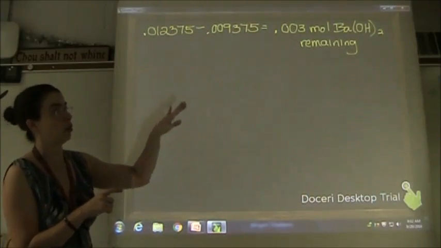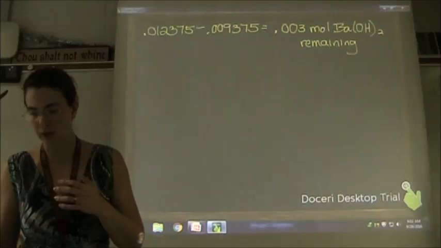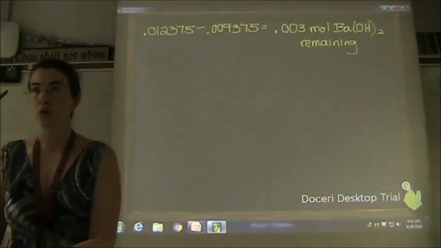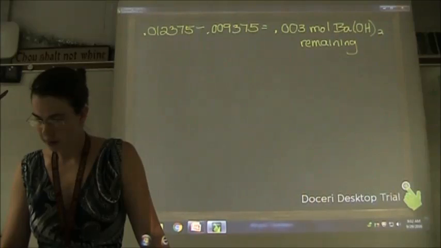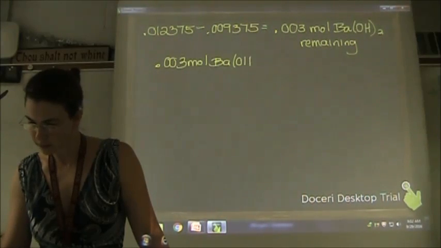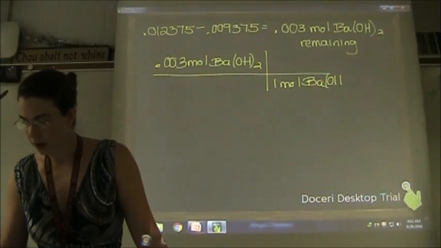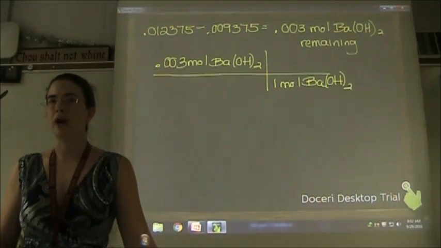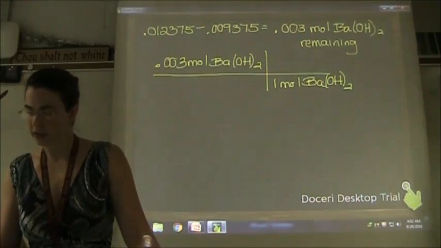I am in moles of the whole compound. We did a little of this in chapter 3. Some of you will have done it in Chem 1, some of you will not. But I need to get into the right units. For every 1 mole of barium hydroxide, how many moles of hydroxide are in there? 2.